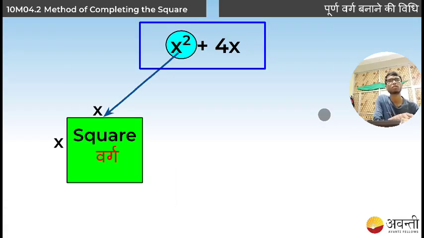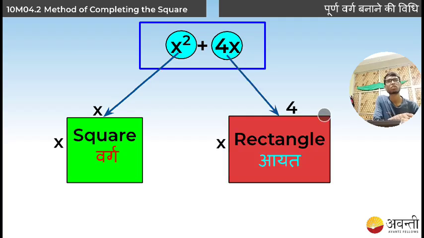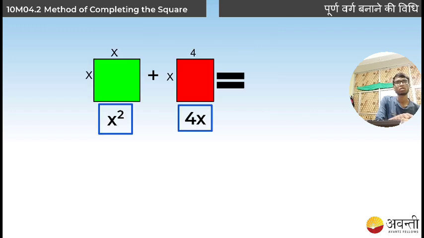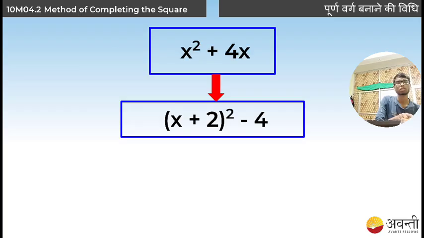Here we have x squared, and this is 4, so here x squared, then here 4x, x squared plus 4x.